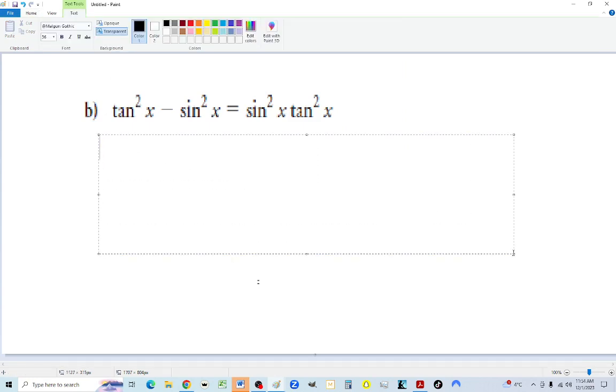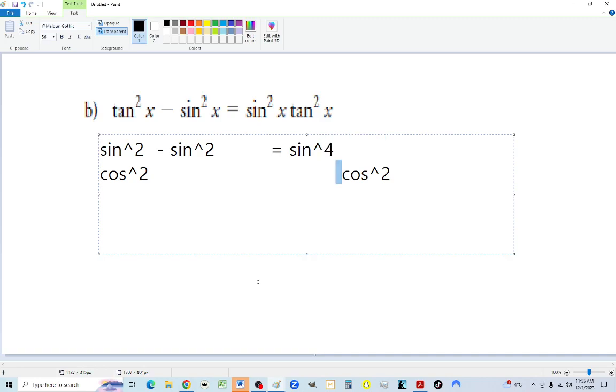Let's keep it the same on the right. Actually, let's convert this. And convert this. This becomes sine to the 4.